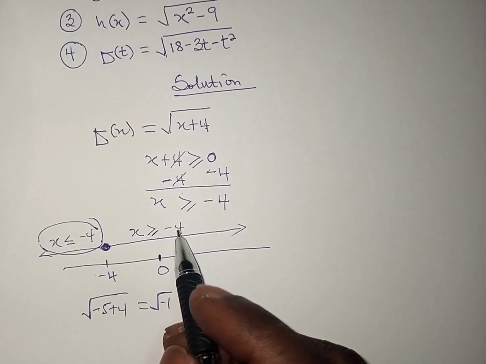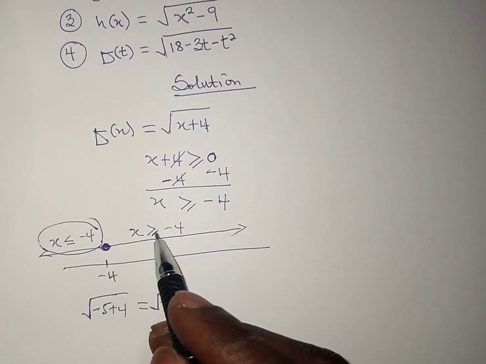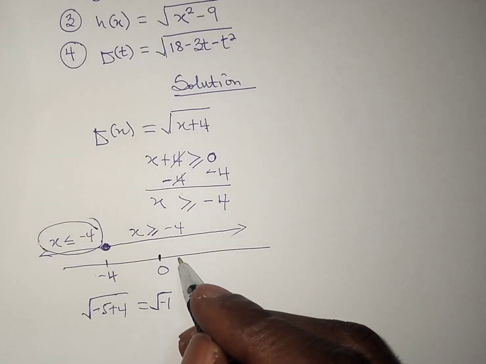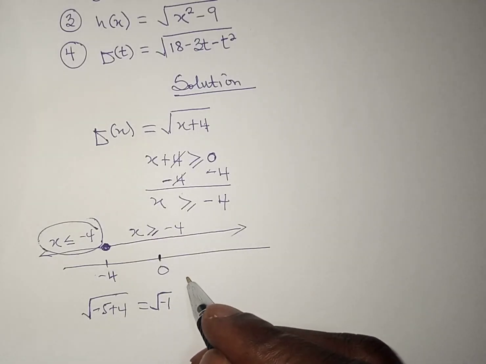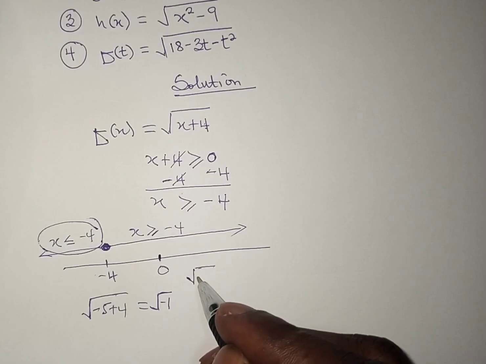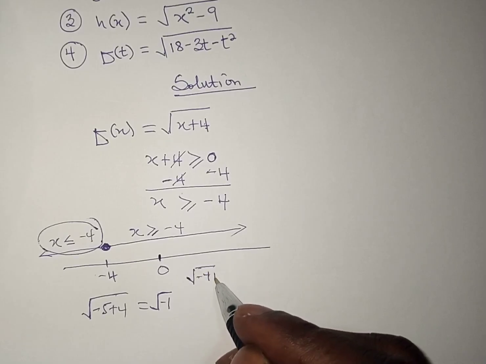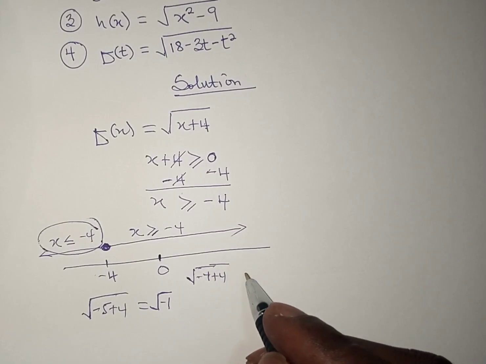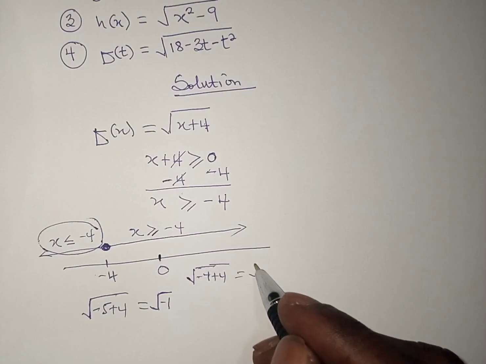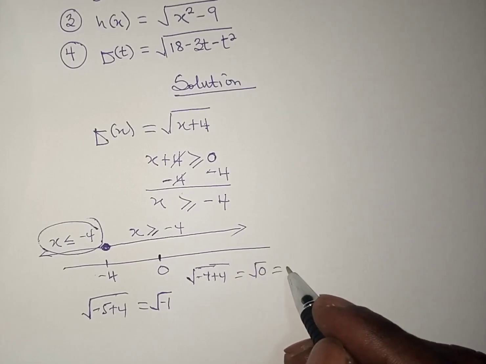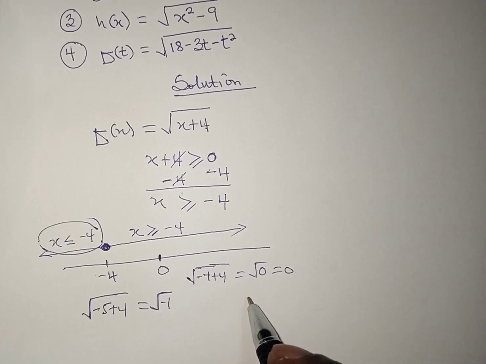Let's see if I pick -4, because it says it should be greater or equal to -4. So if I pick x to be -4, my x is -4 plus 4. You realize that I'll get 0 there. It satisfies the condition.